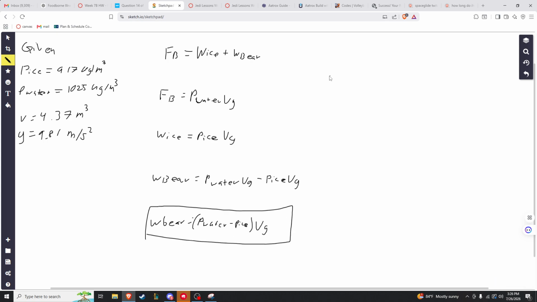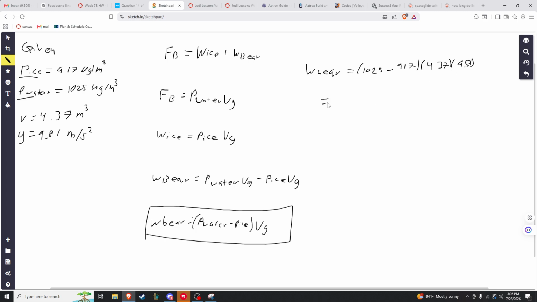W bear is equal to the density of the water, which was given here, 1025, minus density of the ice, which we were given, 917, times the volume, which is 4.37, times the gravity, which is 9.81.